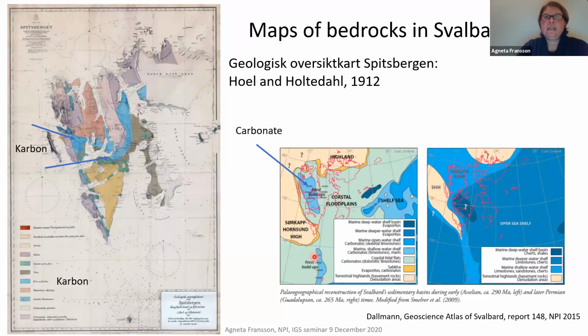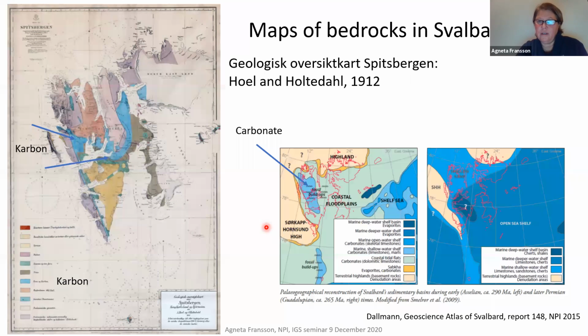So I also studied maps of bedrock in the Svalbard area. Here is an old map on the left-hand side by Hoel and Holtedahl from 1912. It shows this geological map of Svalbard, and the blue area here is the carbon, and that is in both Kongsfjorden and Tempelfjorden.